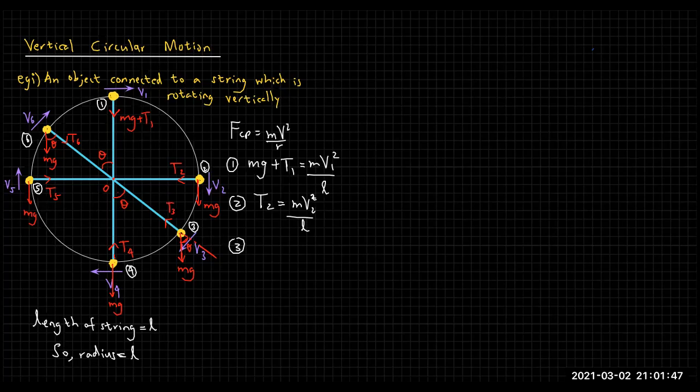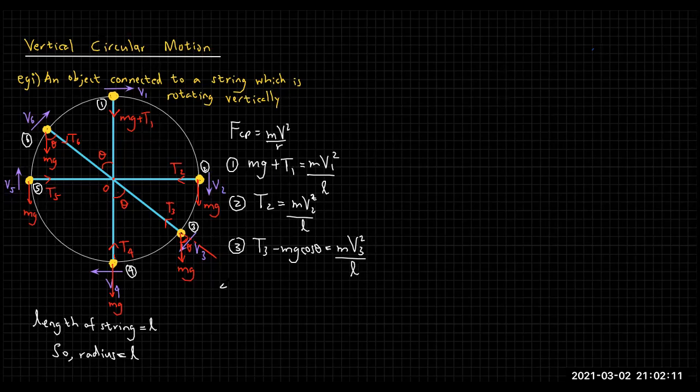This tension, I have marked it as T3. T3 is there towards the center. And mg cos theta is away from the center. Therefore, you have to subtract that as well. T3 minus mg cos theta is equal to mv3 squared divided by L. Sorry.